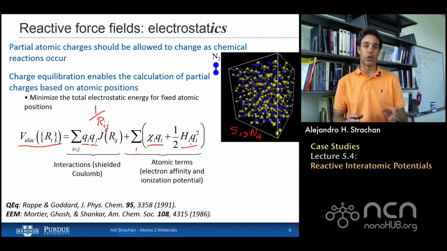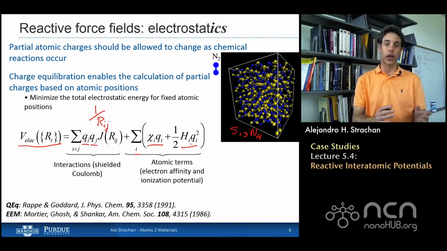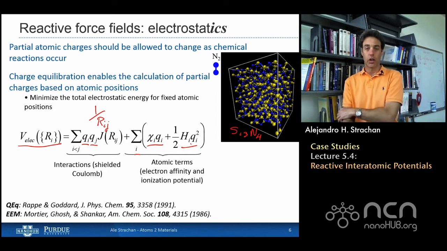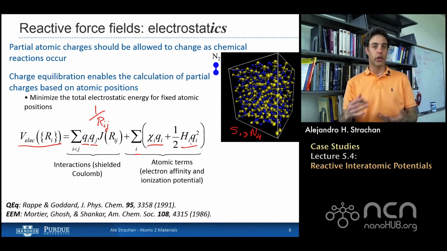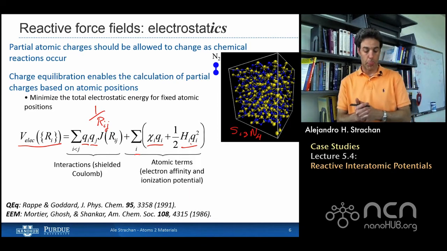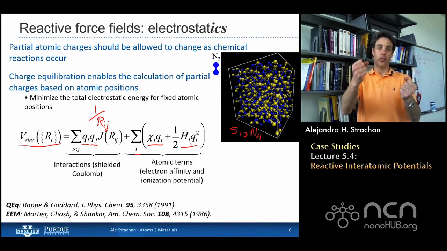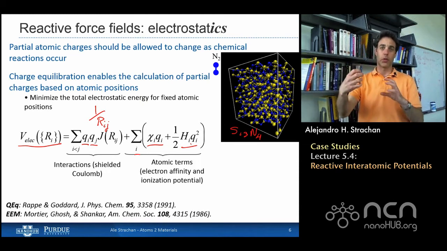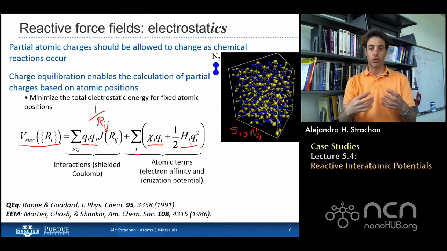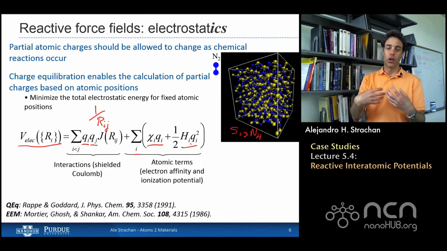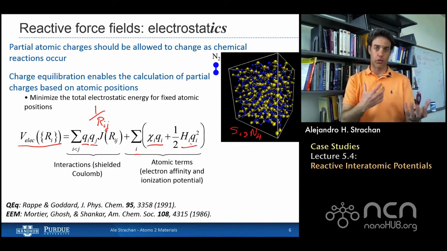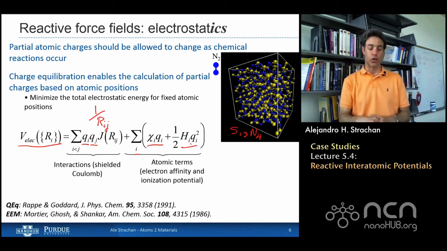The parameters that go there have to do with the electronegativity and the hardness of the atom, which can be computed from the electron affinity and the ionization potential of each atom. So essentially the first term is the electrostatic interaction between charged atoms, and the second term is how difficult or easy it is to polarize an atom and transfer charge.